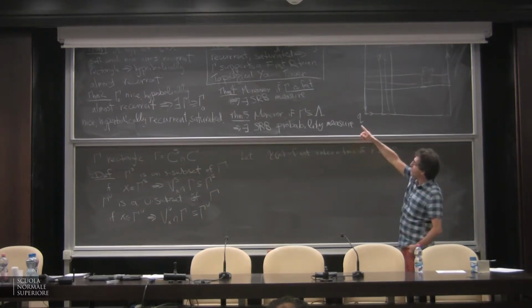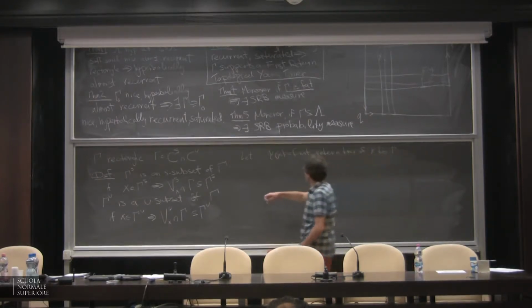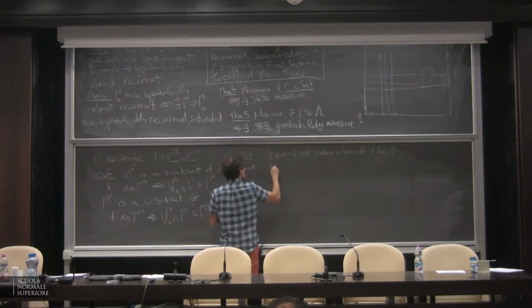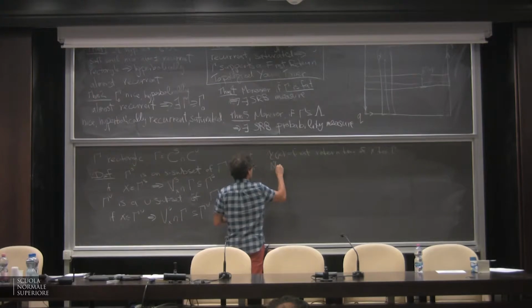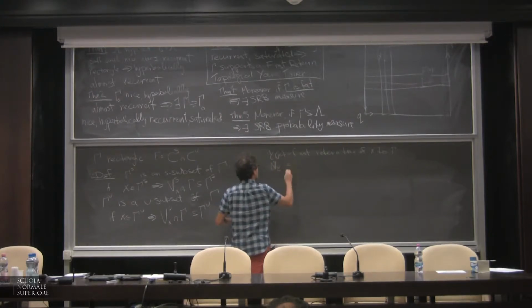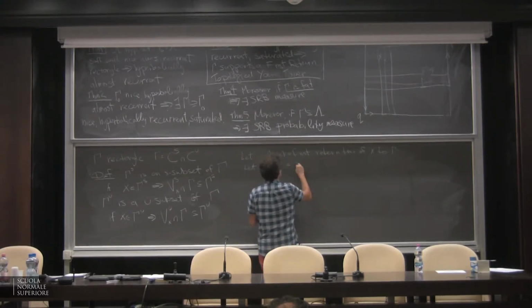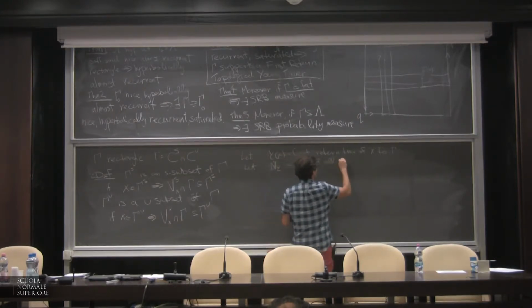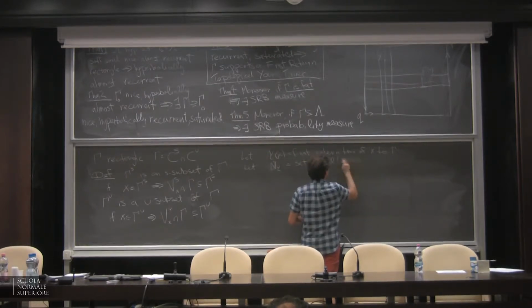Every point has such a first return time, assuming gamma is recurrent. And let me use this notation: the set of all first return times.